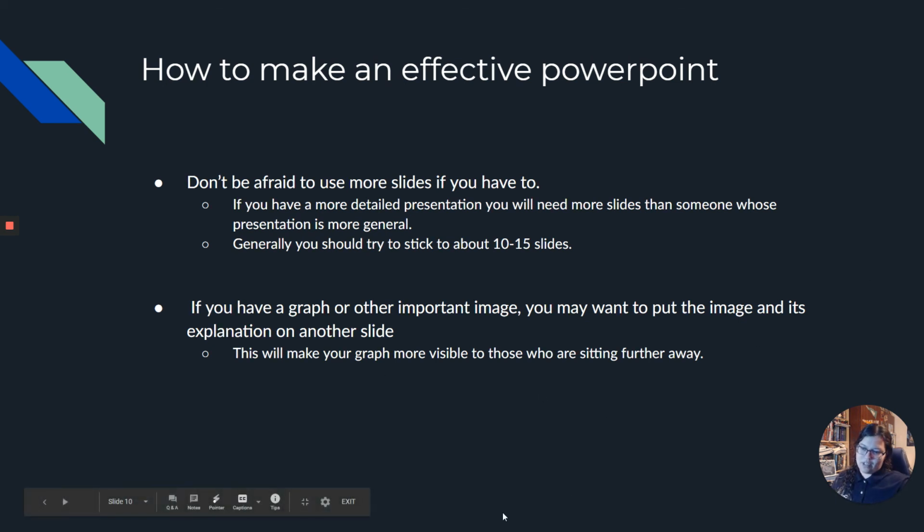If you were to have a very tiny image right here, they may not be able to see it. But if you were to put it onto its own slide where it has all of this space to exist, they'll be able to see it, and they'll be able to understand what point you're trying to make with that slide or with that image better than if you were to, say, put it right here and then try to use it as an example.